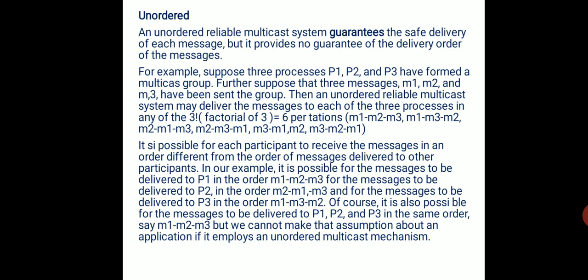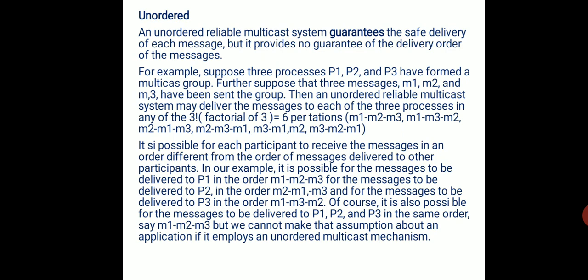Further, suppose that three messages M1, M2 and M3 have been sent to the group. Then an unordered reliable multicast system may deliver the messages to each of the three processes in any of 3 factorial, that is 6 permutations.